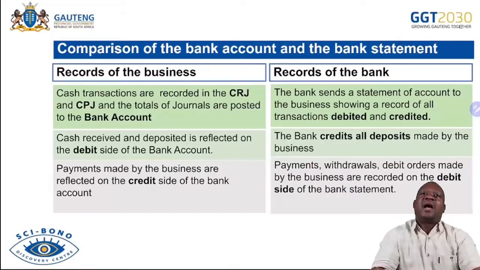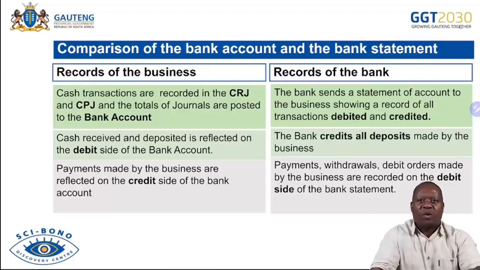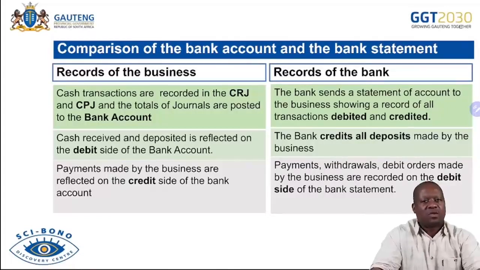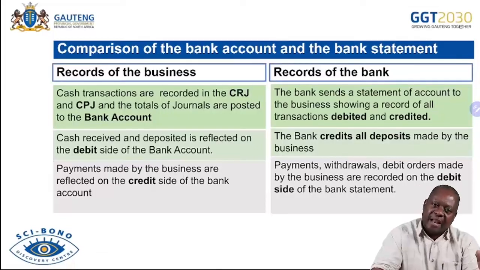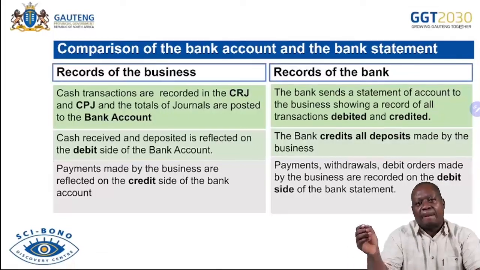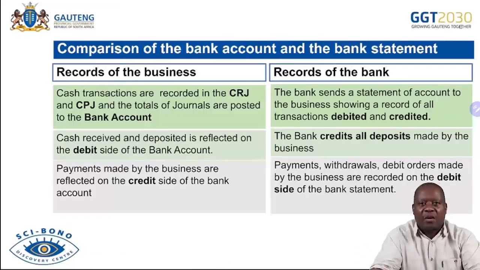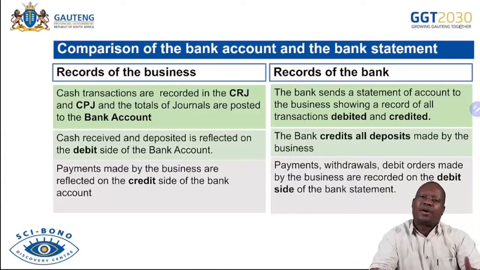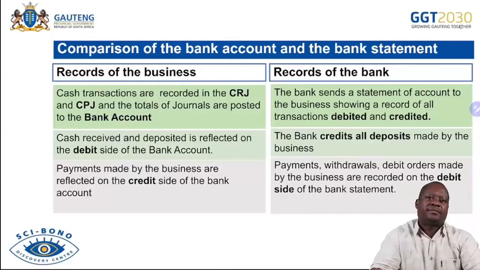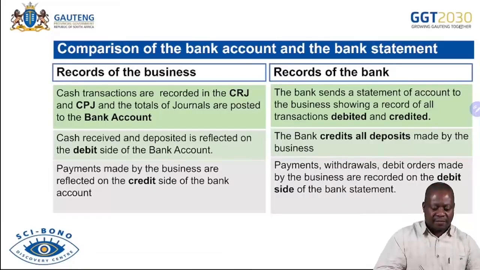In the end, they are also going to have a balance, which we are going to call the balance as per bank statement. So there we are, another balance on our bank account and another balance on our bank statement. They must be similar. If they are not similar, what do we do?